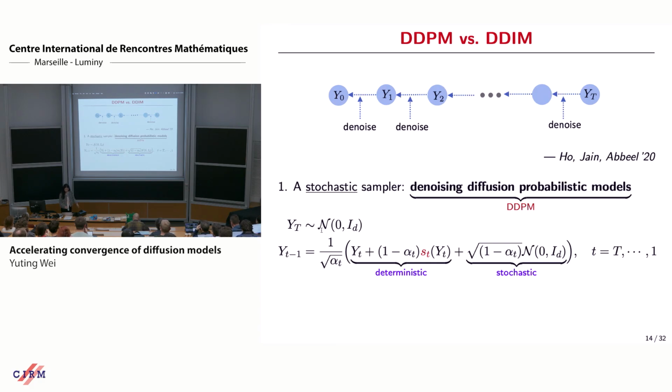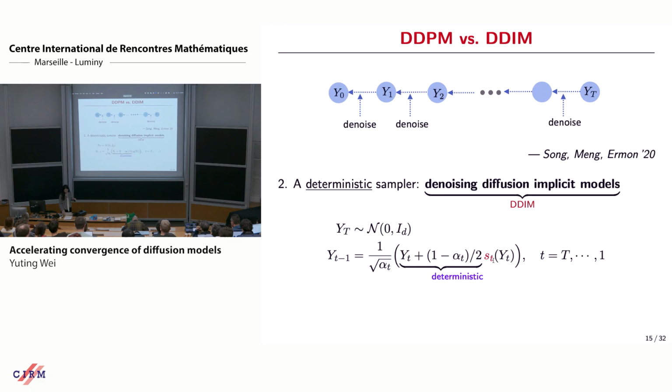And at each step, you take a deterministic function of the last step, y_t, plus your score estimate. Because here, we assume that the scores are given, okay? So now this is a purely deterministic function of your last iterate, and you add some independent Gaussian noise and take the linear combination of those. Is that clear? So that's the DDPM procedure.